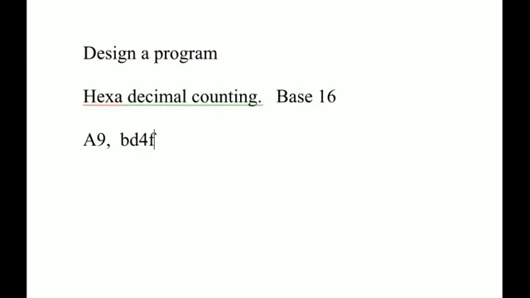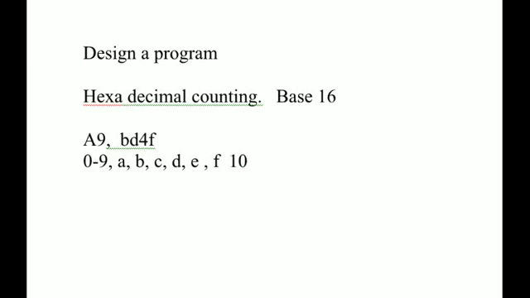So just a reminder, we have all the digits from 0 to 9, normal digits, and then after 9 comes A, and then B, C, D, E, F, and after F we have 2 digits.